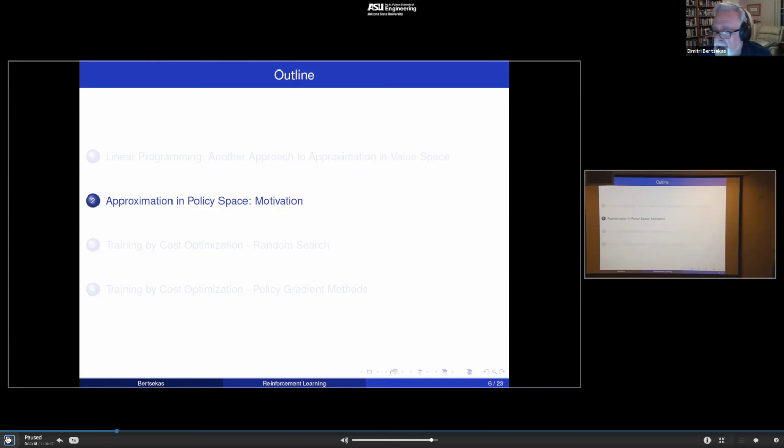And then we solve that, and what we get is an approximation in value space. And then we have to use a one-step or multi-step look-ahead method for online play. The offline training is to solve a linear program, and obtain the parameter vector R. Then you do online play with one-step or multi-step look-ahead. That's the approach here. Okay, thank you.